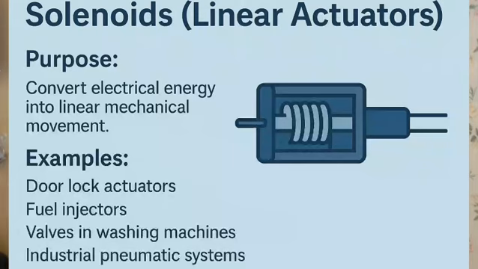Next come solenoid valves. Solenoid valves are mainly defined as linear actuators. The purpose of a solenoid valve is to convert electrical energy into linear mechanical movement. Examples are door lock actuators and fuel injection.